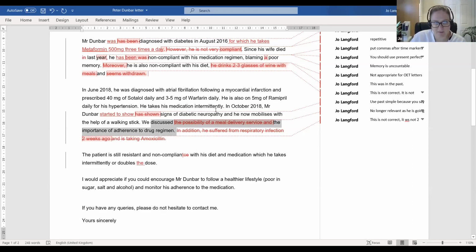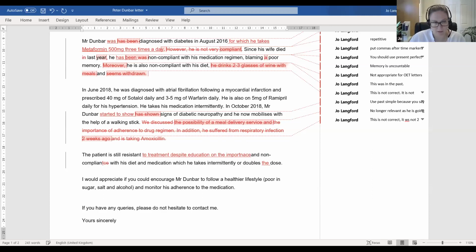Cut out this and put it here. So we might say something like, he is still resistant to treatment despite education on the importance. And then we could say, start a new sentence, he is non-compliant with his diet and medication.